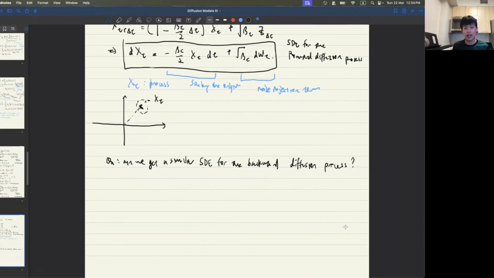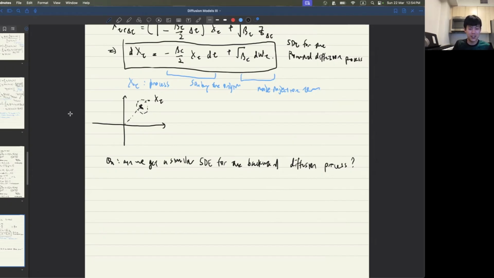And this is really the niceness of stochastic differential equations, because so many mathematicians have worked on it. We actually have a great repertoire of results and we should just use them. So one way to get a stochastic differential equation for the backward diffusion process is to consider what the stochastic differential equation implies for the evolution of the probability distribution of our state across time.